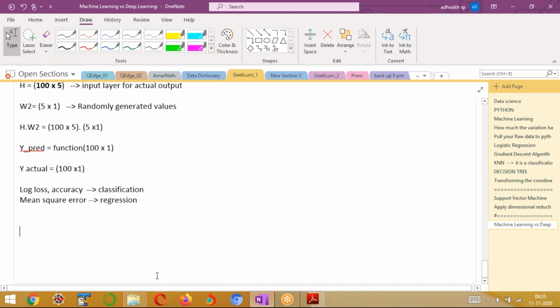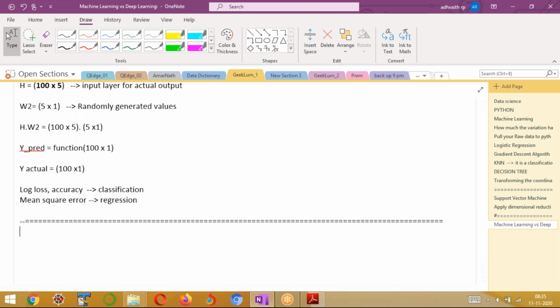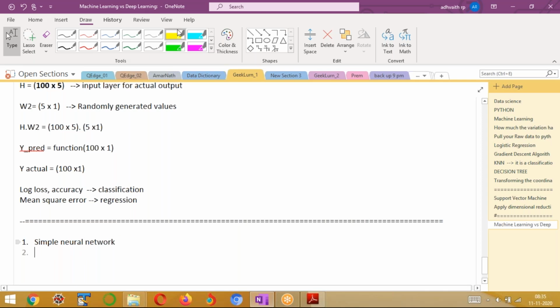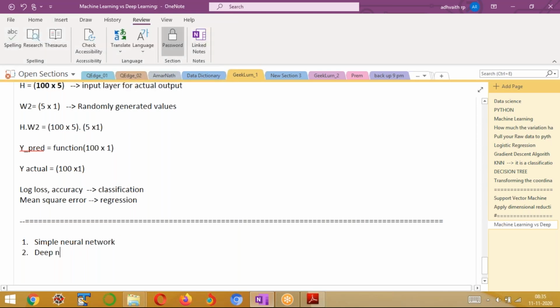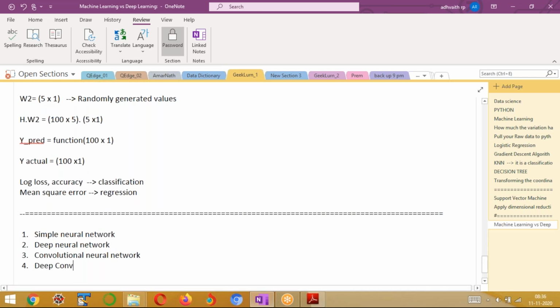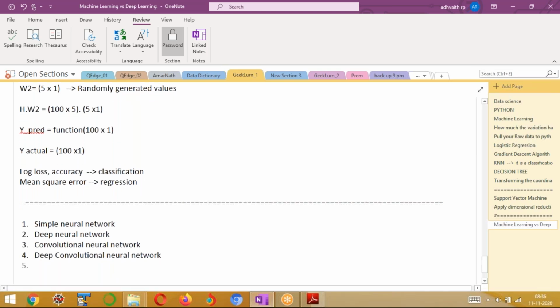In deep learning, we are going to cover a few things: simple neural network, deep neural network, convolutional neural network, deep convolutional neural network.